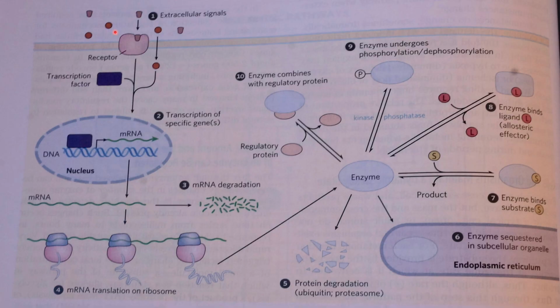We have in this schematic extracellular signals, which are recognized by receptor. Transcription factors are added. We use a DNA template. We get messenger RNA, which can, of course, be degraded or be translated, producing enzymes, and these enzymes have a variety of different fates.